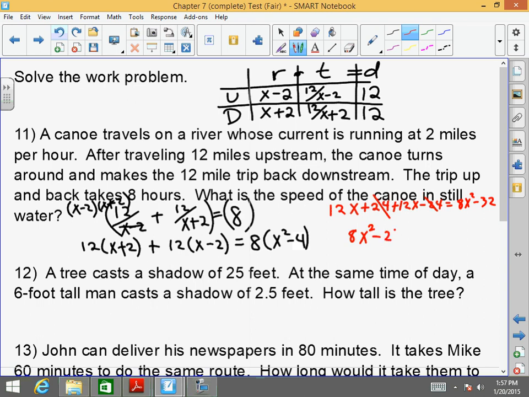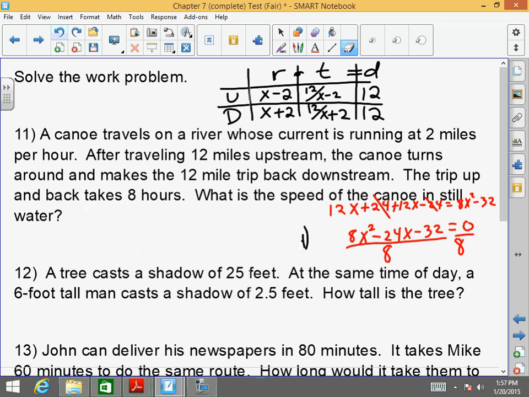So that's minus 24x minus 32. It looks ugly, but it's not. Divide it all by 8. I'm going to erase this now. And then that's going to give me x squared minus 3x minus 4 equals 0.